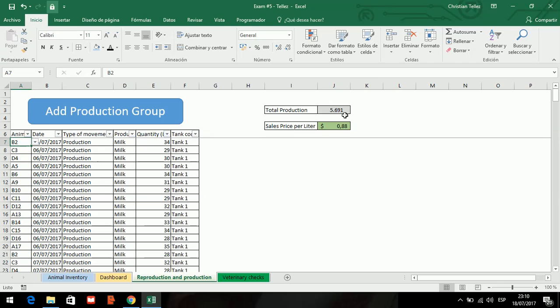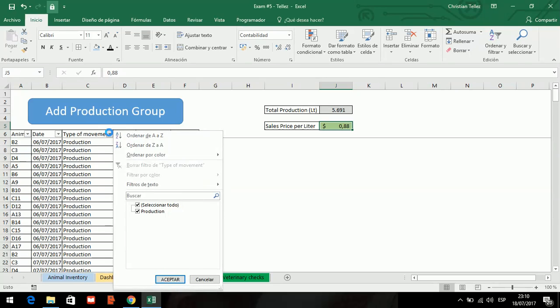In this case, the total production of milk since the beginning of this process is 5,691 liters. We can modify it with liters, and we have the sales price per liter, $0.88.